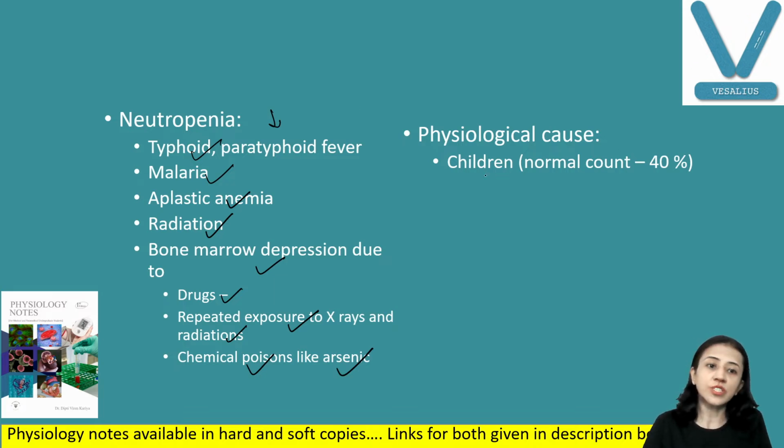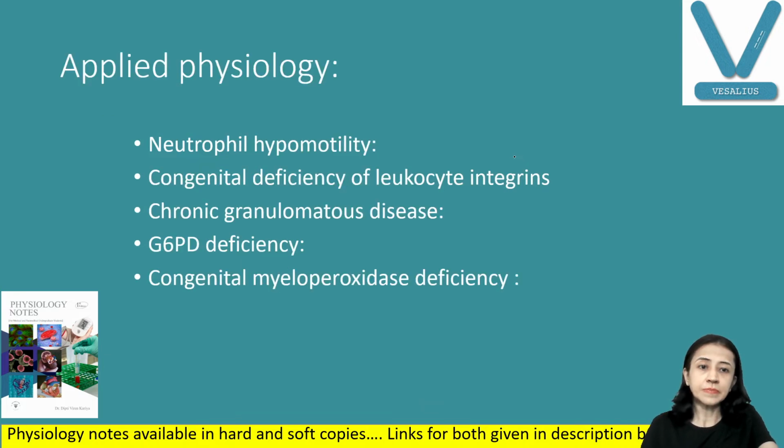And physiologically in children also there is neutropenia. Then applied physiology, one is neutrophil hypomobility, means the action or mobility of the neutrophil decreases, and that results in decrease in the defensive action.